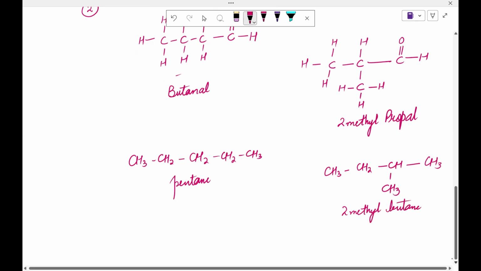So again, there is a different arrangement of carbon atoms on the chain. So they are basically isomers of each other.